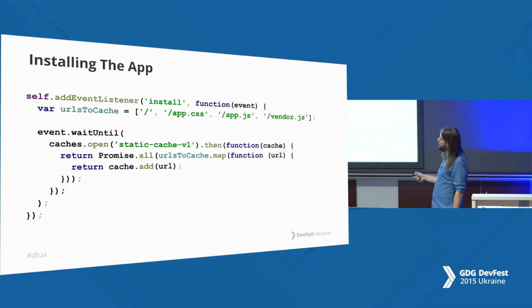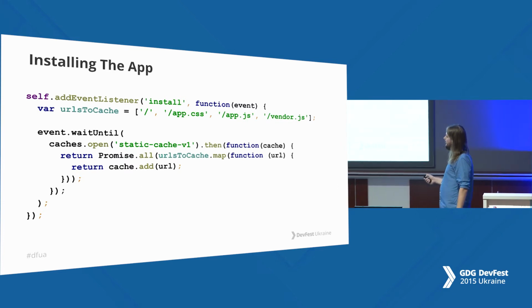We open caches. Caches is a place for the Cache API. We open, for example, some static cache. It's the name of a cache. You can put any string you want here. So it's just about how you name your caches. And then you receive this cache. And URLs to cache, these are our URLs.